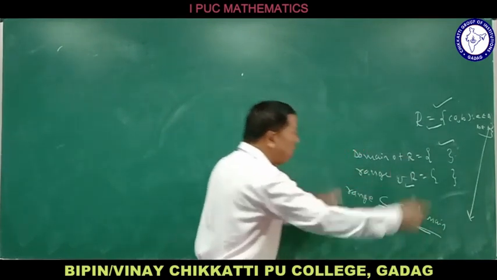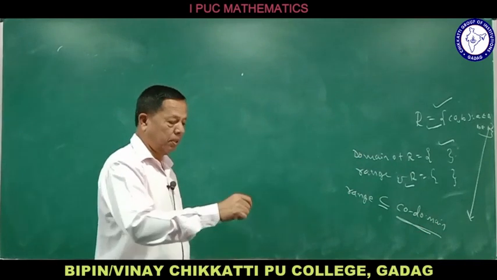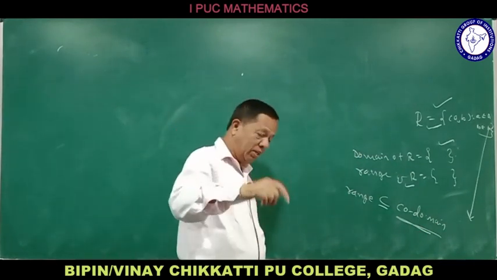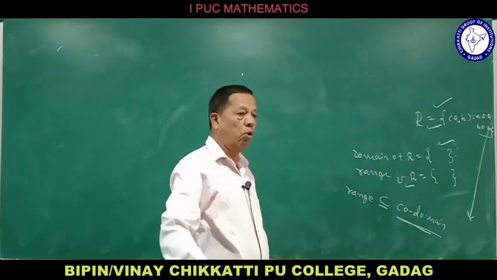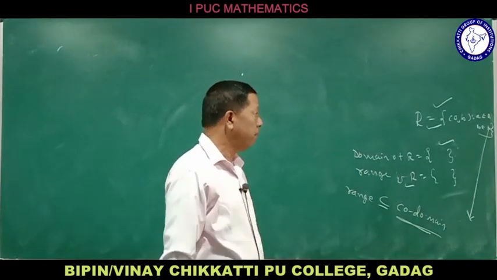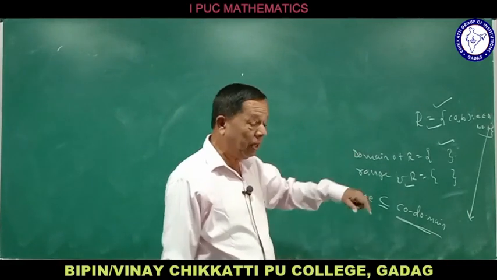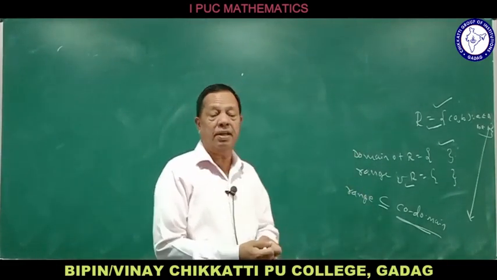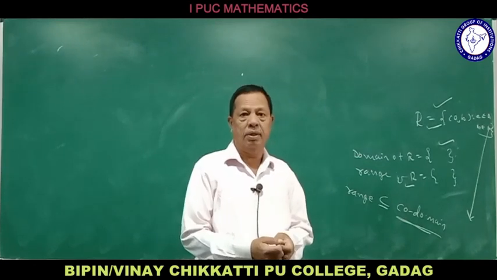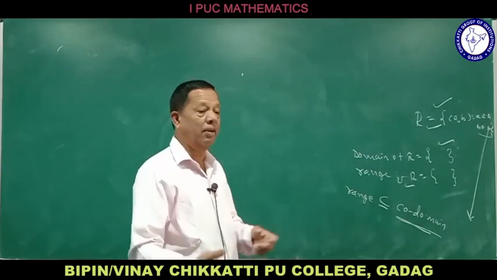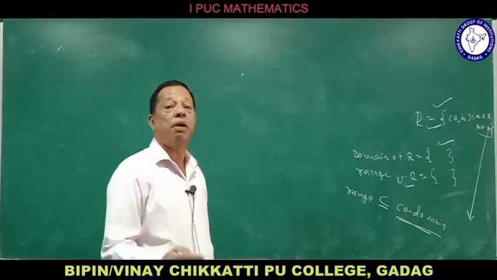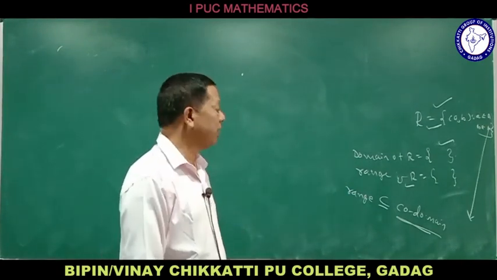Codomain is the whole set B. But range is not the whole set B. Range is the second elements in the relation from set A to set B. But sometimes we say that the set of all images is also called the range.